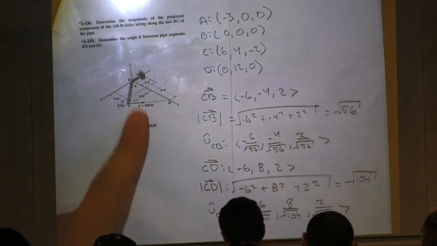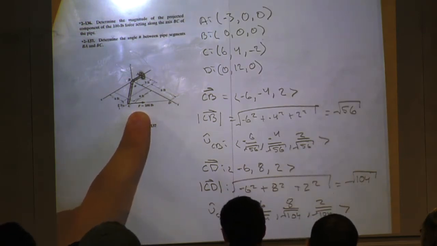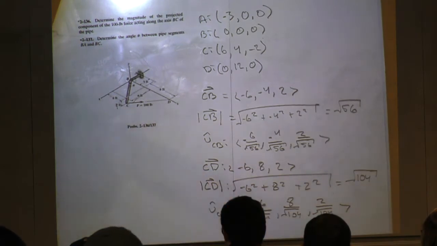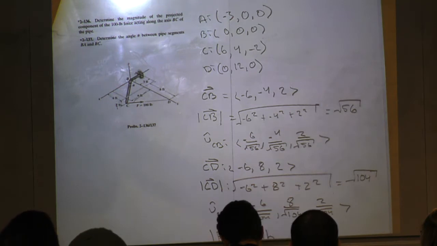All right, so now what they tell us is the magnitude of the force is 100 pounds, right? Magnitude. That means scalar, not a vector. So we need to find the vector. So that's why we're going to dot it with this unit vector CD, because that's the direction of the force. So the force, they tell me, is, right, this is the magnitude, is 100 pounds. So I'm going to multiply it with unit vector CD.